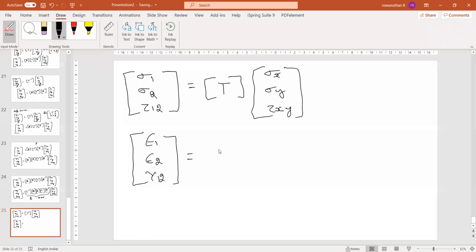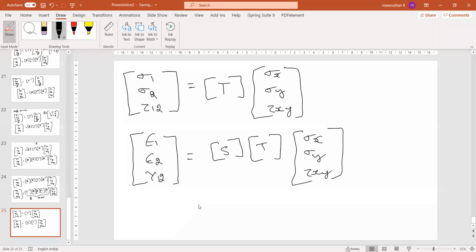Yes, correct, S multiplied by this whole thing. Instead of writing sigma 1, sigma 2, tau 1 2, I write it as T and then sigma x, sigma y, tau xy.